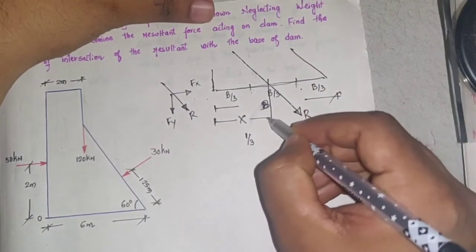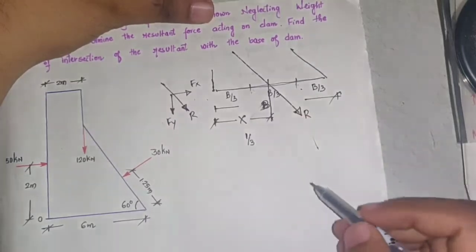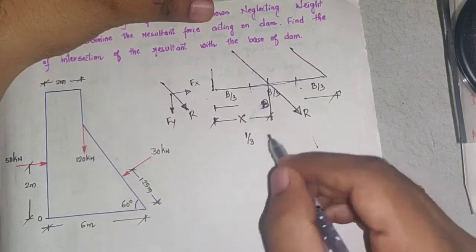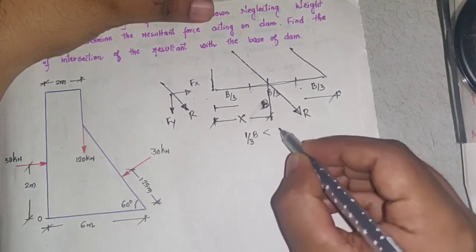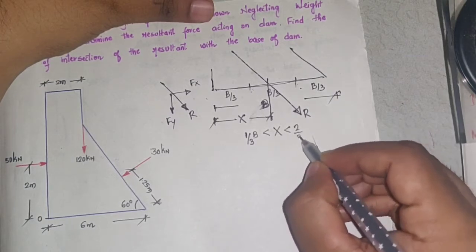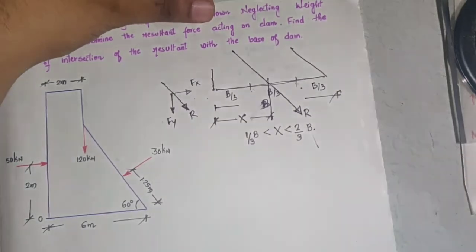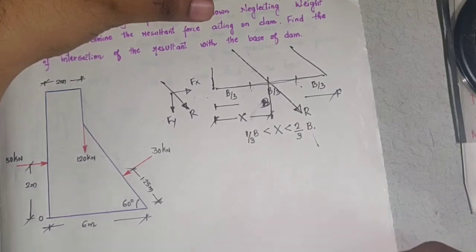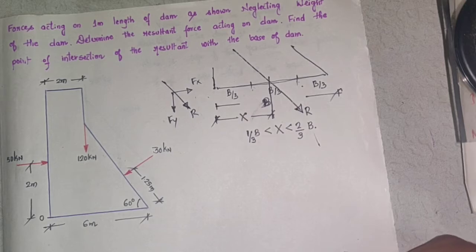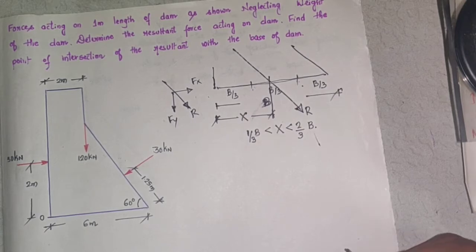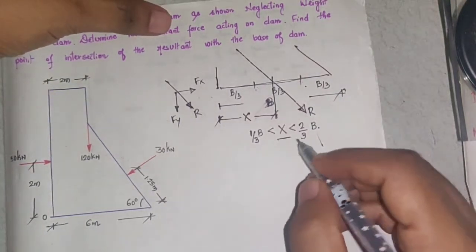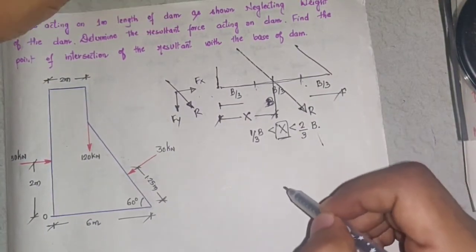If I call this value x, then the value of x should be greater than 1/3 of B and smaller than 2/3 of B. Then the dam is said to be safe.